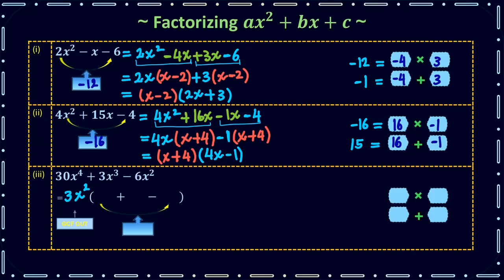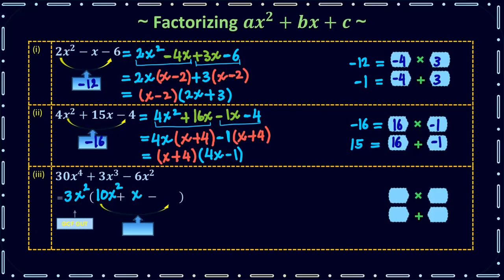To see what goes inside, you take every term, divide by GCF. 30 divided by 3 is 10. We have x to the 4 divided by x squared. That's x squared. Next term, we have 3x cubed divided by 3x squared. 3's get cancelled out. X cubed divided by x squared is x.